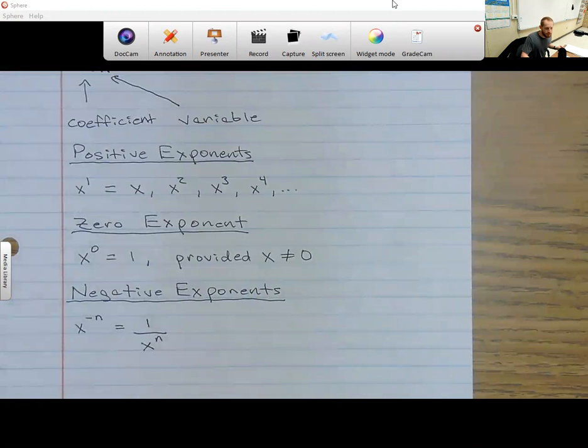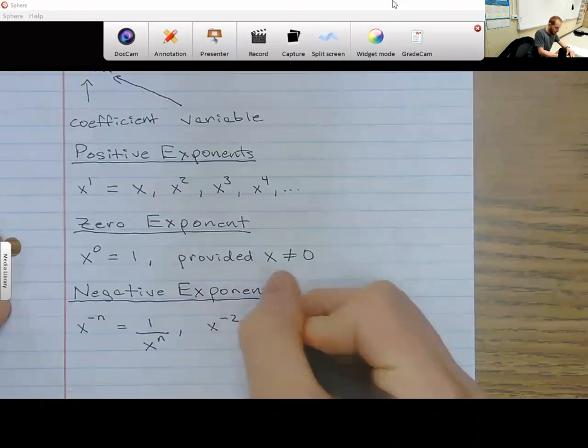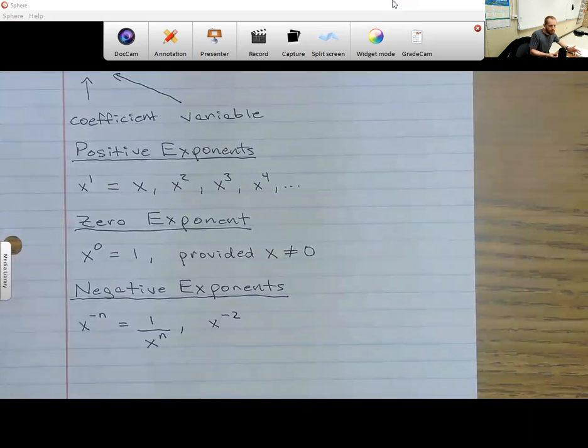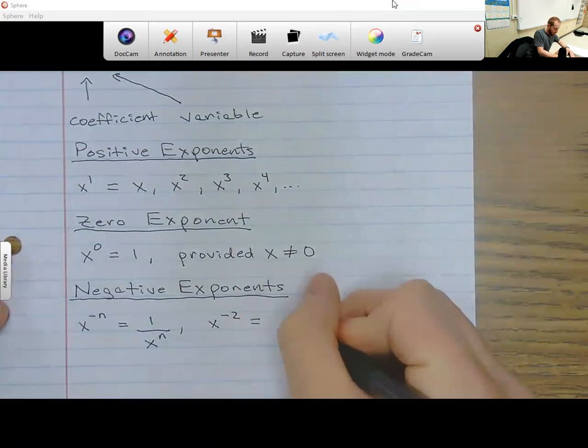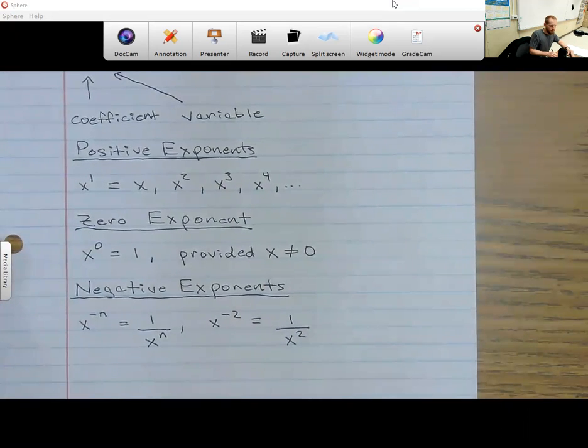So let me give you a quick example of that. Let's say I have x raised to the negative 2 power. So how would I write this? Well, since it's negative, I would write it as 1 on top, but x to the positive 2 on the bottom.